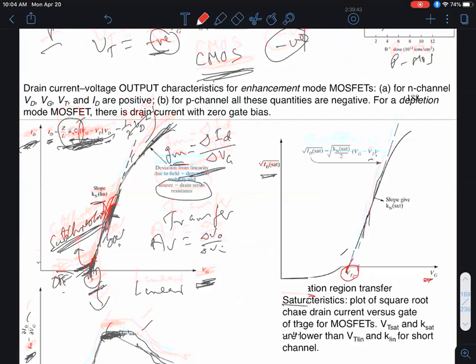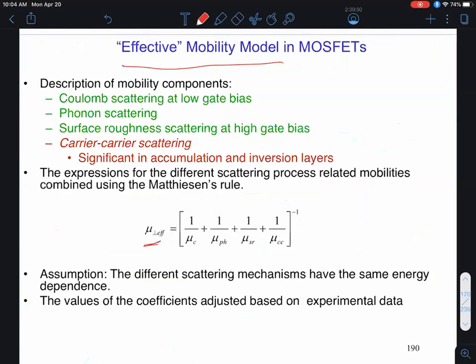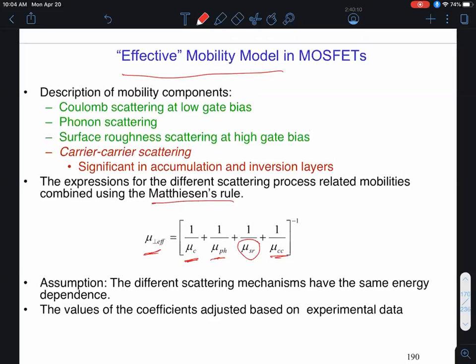Now, this effective mobility in the channel can be written using Matthiessen's rule that I had mentioned in chapter 3, by taking the harmonic mean of these individual components. You have Coulomb scattering, phonon scattering, carrier scattering, and now this additional thing called surface roughness scattering, because this surface is not going to be perfectly smooth.